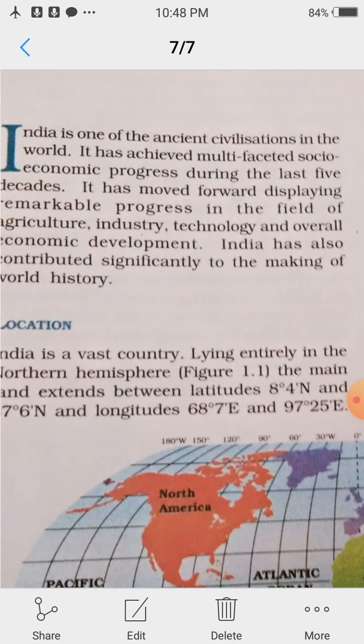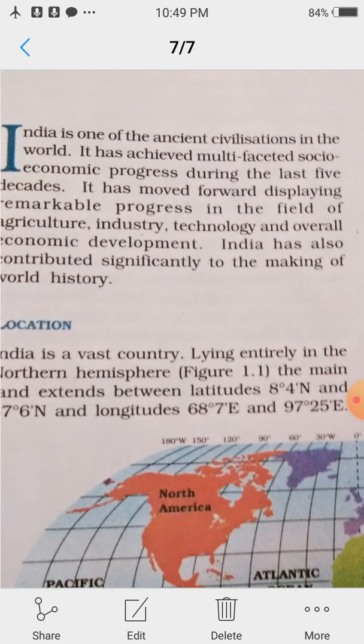Multifaceted socio-economic progress means progress taken from different angles, that is, socio-economic development taken in various angles.